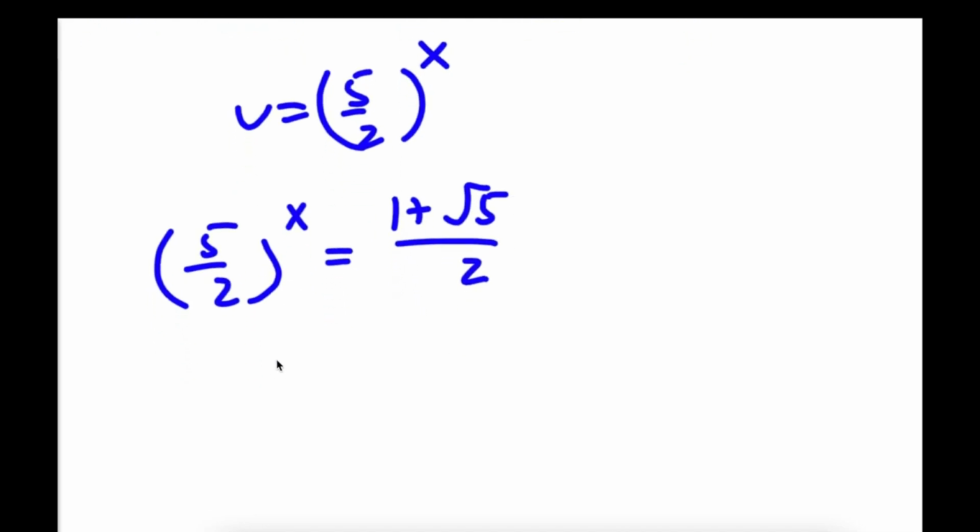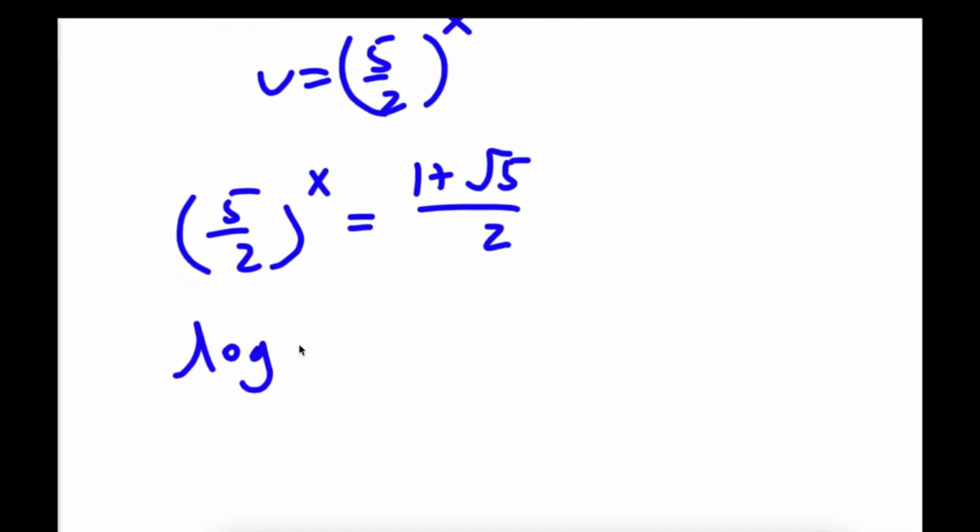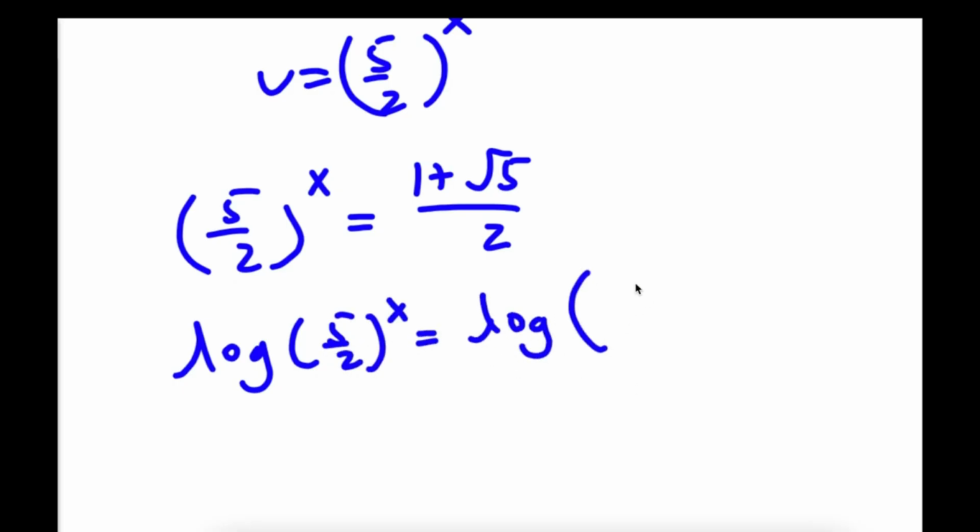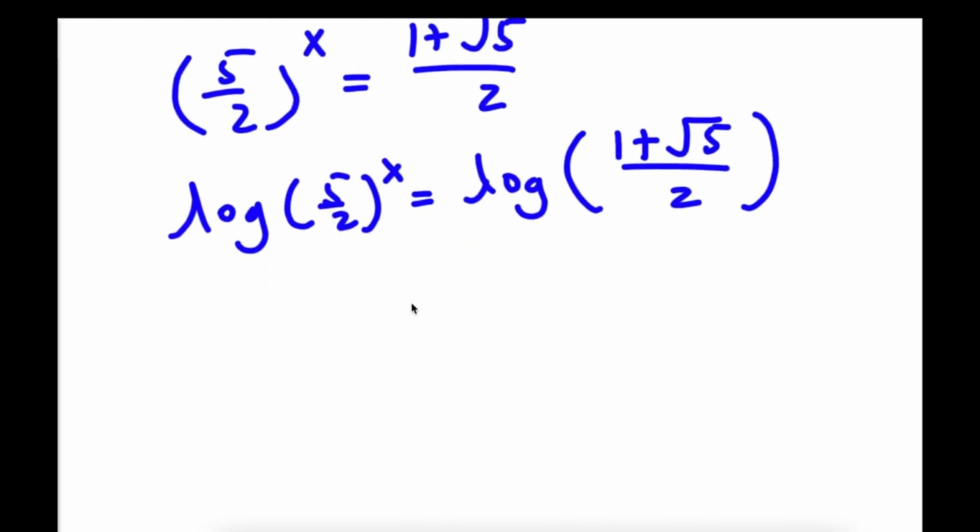Now I can take the log on both sides, so I have log (5/2)^x is equal to log of (1 plus the square root of 5)/2.